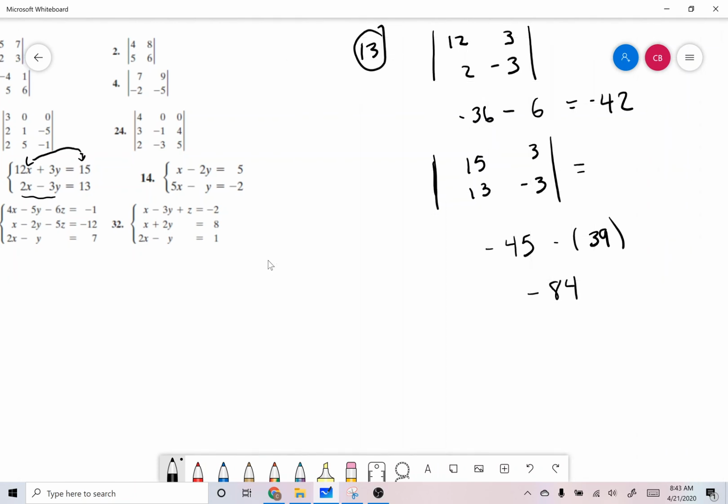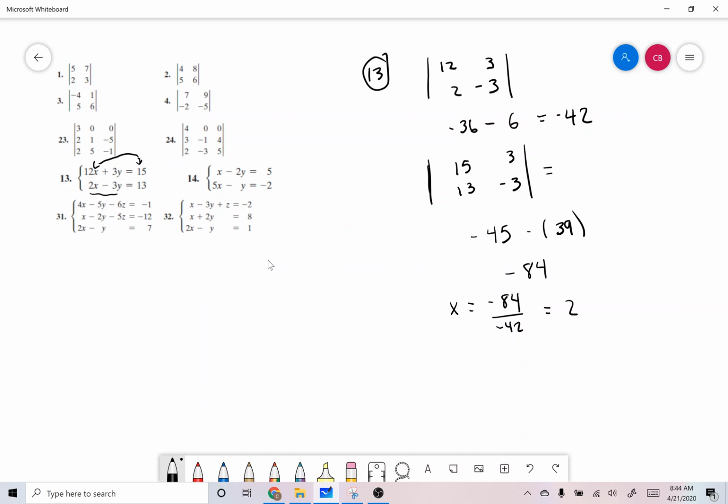I hope. Yeah, hold on. 9 and 4 is, yeah. This is good. So -84, so we've got x is equal to -84 over -42, which means x is equal to 2. So we've got an x value for that solution.